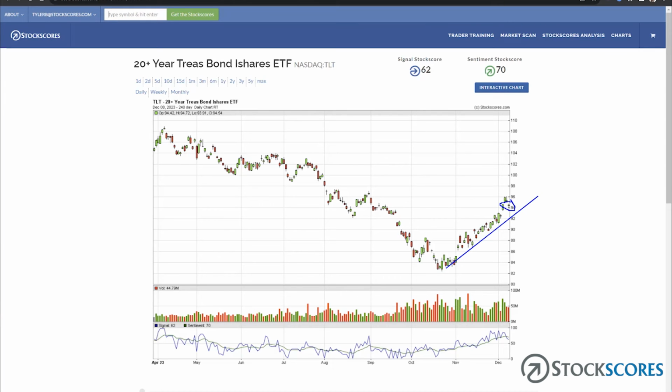Had a little pullback on the jobs number on Friday, and we may pull back a little more, but generally the bond market is moving up over the last little while and is probably going to continue, which means the real interest rates, the ones that are found in the bond market, are getting lower. And that's a positive for stocks, and it's the reason the US dollar has been a bit weak.